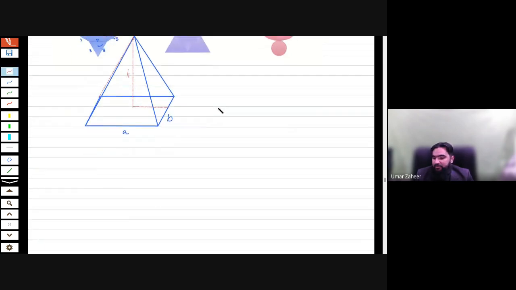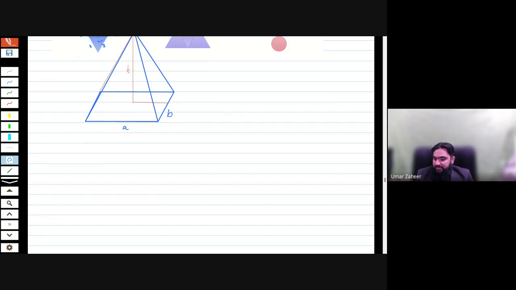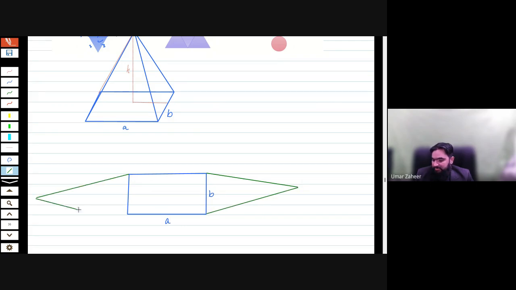When you make the net shape, you are going to get a rectangle that is A and B. You are going to get a triangle here. This triangle and this triangle are going to be the same.